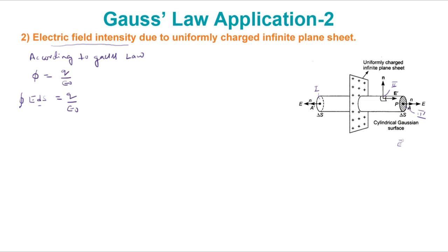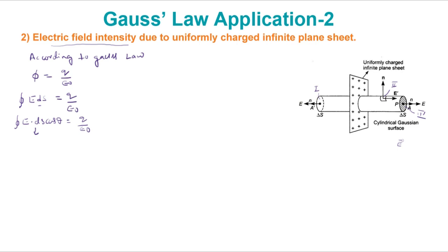If you want the direction along with this, we have to add cos theta in that formula, so E into ds cos theta includes the direction. Are you clear? This is the total flux. Total means part first plus part second plus part third.